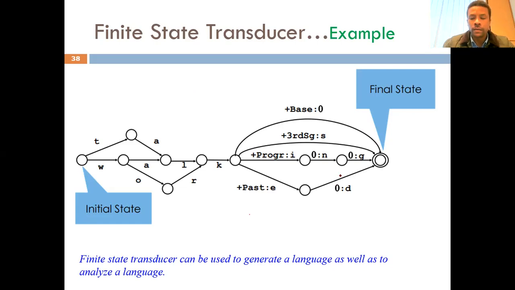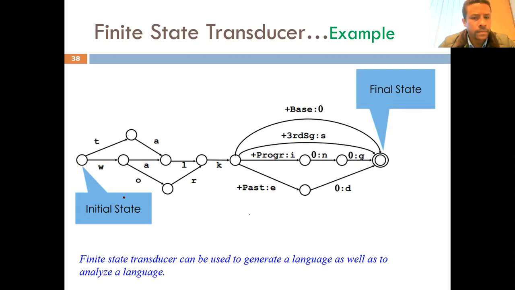From this, I can see in a finite state model we have 3 elements.